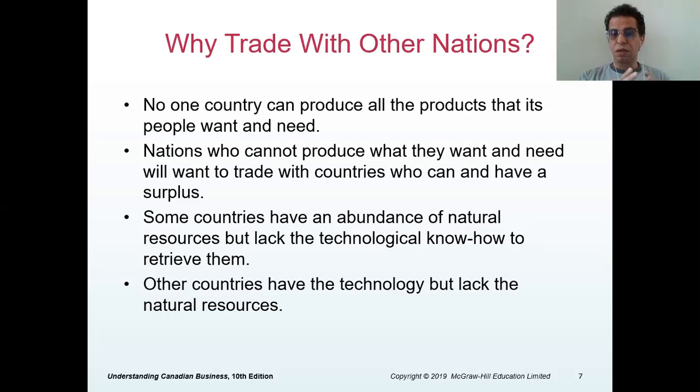So why trade with other nations? Why do we trade with another nation? A good example: let's assume I'm good at cutting trees and my neighbor is good at sewing t-shirts. I can cut 10 trees a day and he can sew 5 t-shirts, for example.